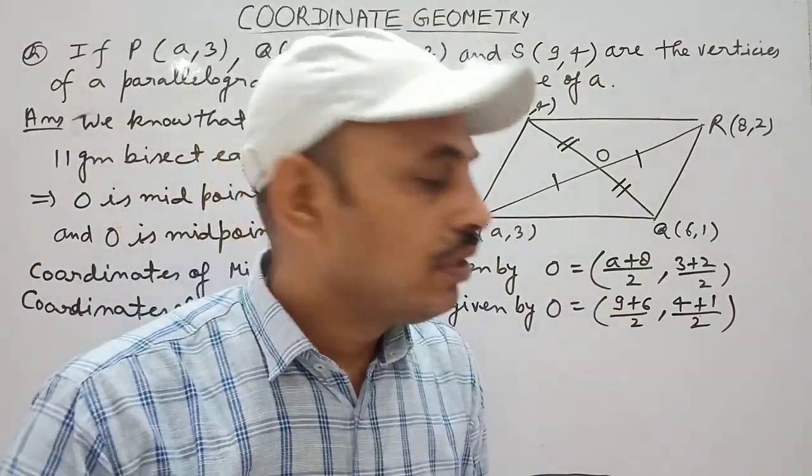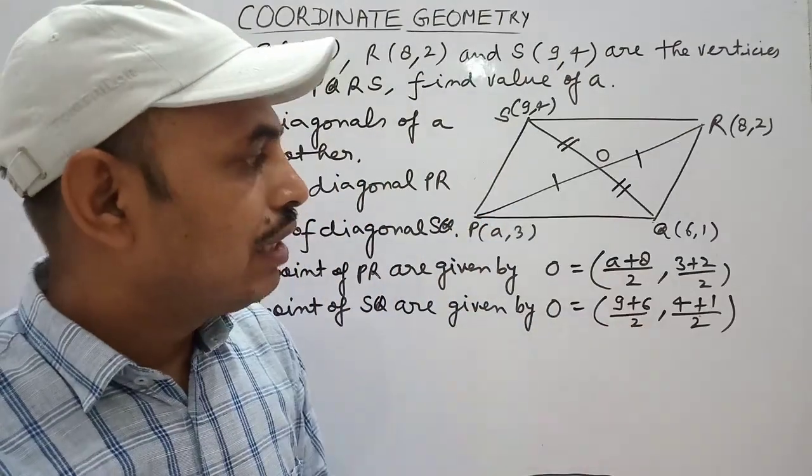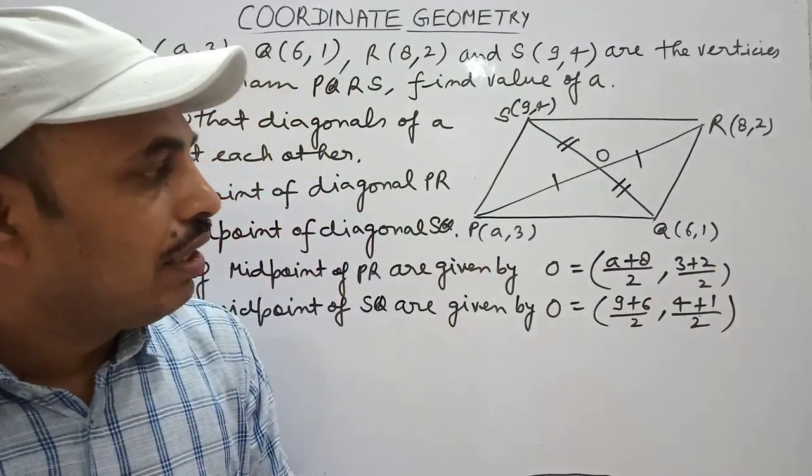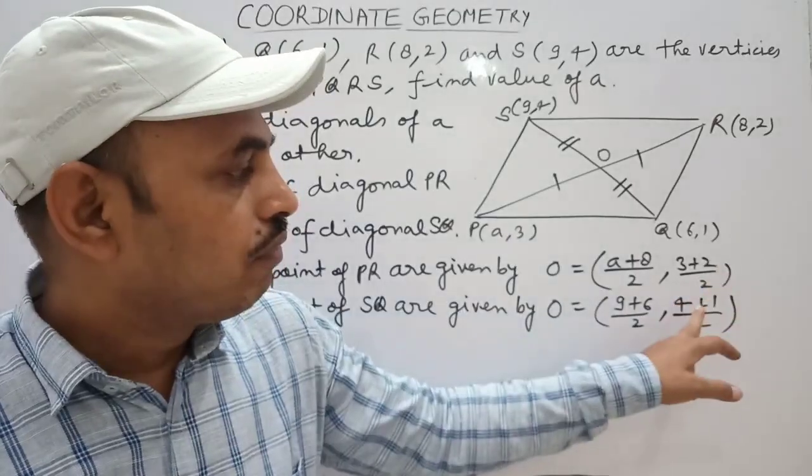Point is same, so x coordinates are equal, y coordinates are equal.